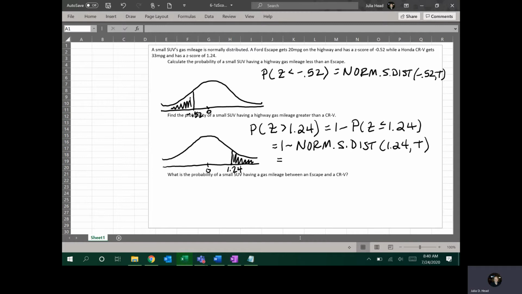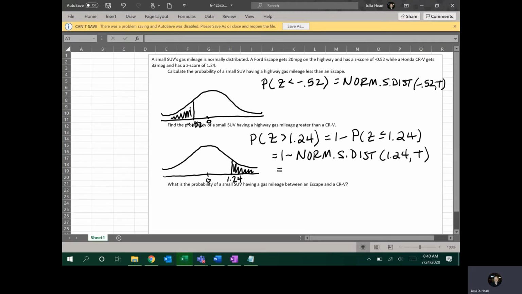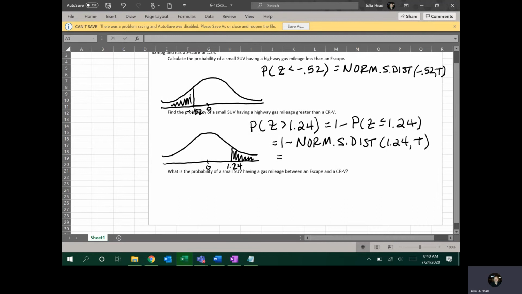And the last part, the probability that a gas mileage is between the Escape and the CRV. So the Escape was negative 0.52 and the CRV was 1.24, and they were very nice and actually used the word between, which is not uncommon. And again, we know the two marks. We don't know how much we shaded, so it's a dist question.